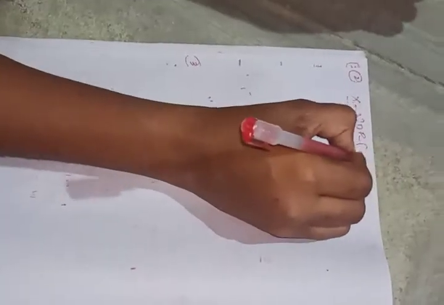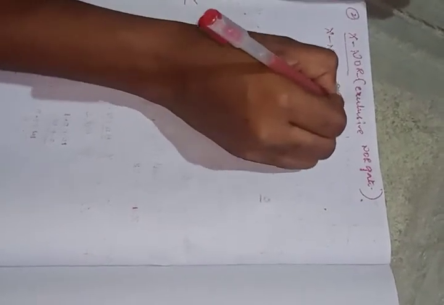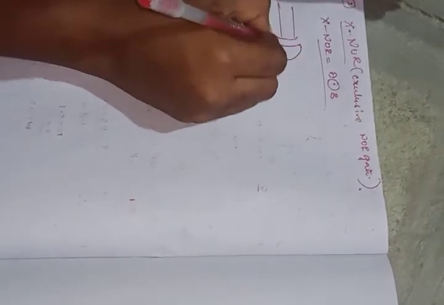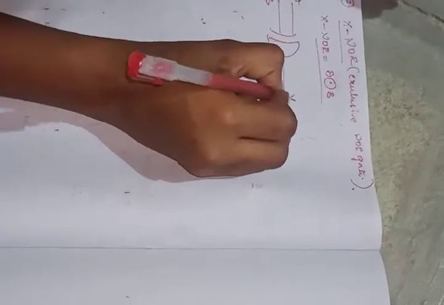Second gate, XNOR. XNOR we can write as exclusive NOR gate also. So XNOR is equals to A XNOR B, and the symbol is this.